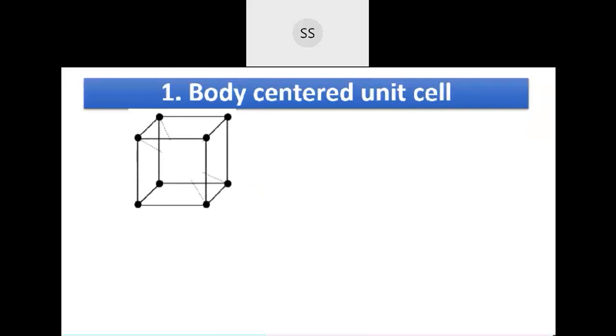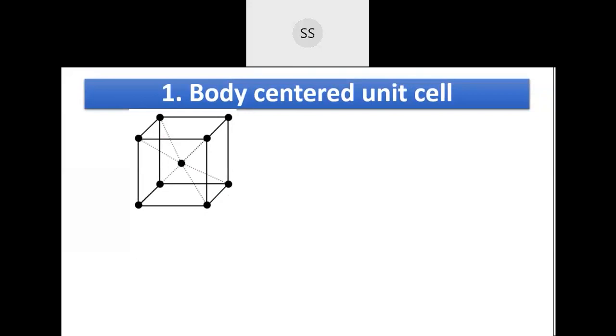Okay, in that, first one is body centered unit cell. In body centered unit cell, you are having the corner particles. You can see here 8 corner atoms are there, and including these 8 corner particles, there is an atom which is present at the center. You can imagine this like if you have your room, that will be the unit cell. Imagine that each and every corner is a vertex where there are atoms present.